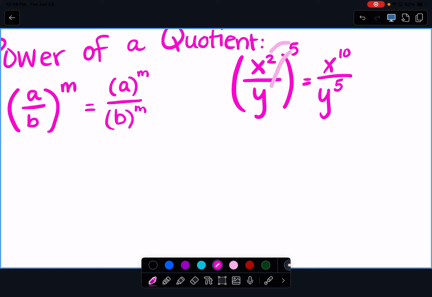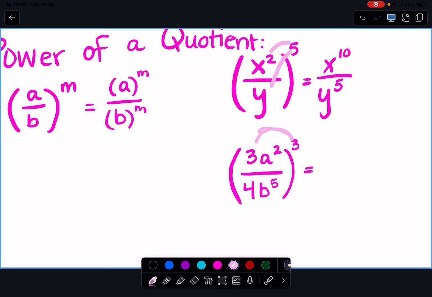All right, let's do all of that. So we have to raise everything in the numerator to the power of 3.